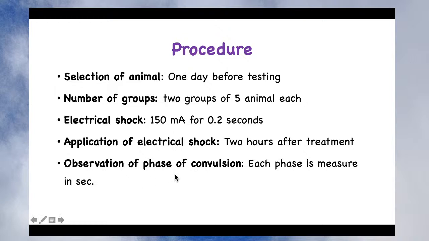That is called observation of the phases of convulsion. Each phase is measured specifically in seconds. So this is all about the procedure of the study of anti-convulsant activity using the maximum electroshock method.